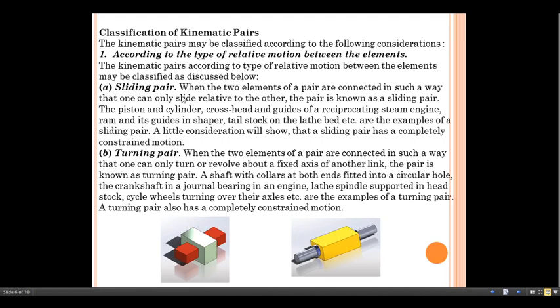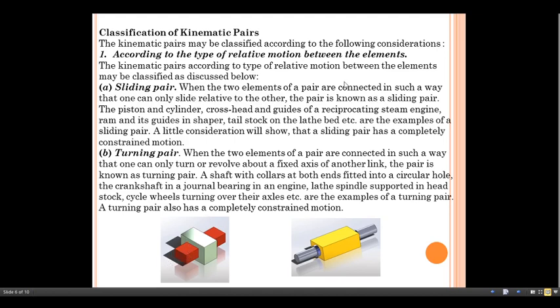So first one, sliding pair, a simple one. When the two elements of a pair are connected in such a way that one can only slide relative to the other, the pair formed is known as sliding pair.